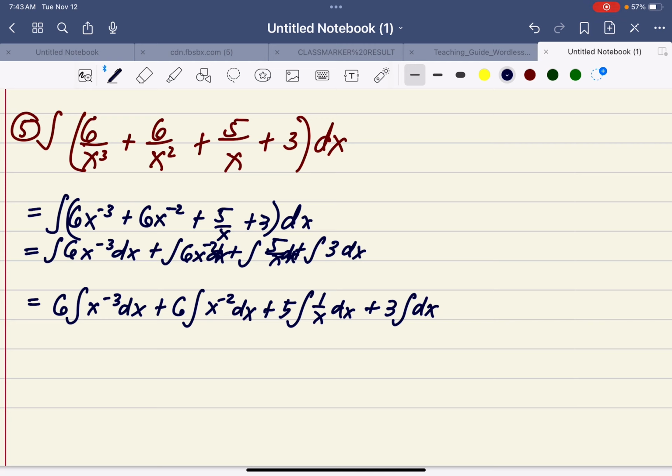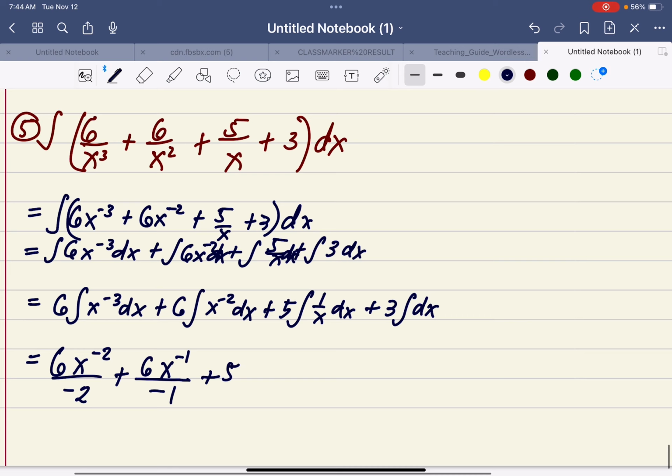Then apply now the antiderivatives rule. So we have 6x raised to negative 3 plus 1, and that is negative 2. Divide also by negative 2 plus 6x raised to negative 2 plus 1, that will become negative 1 over negative 1 plus 5.